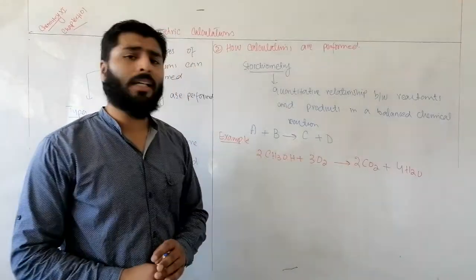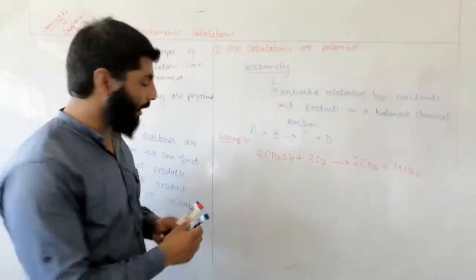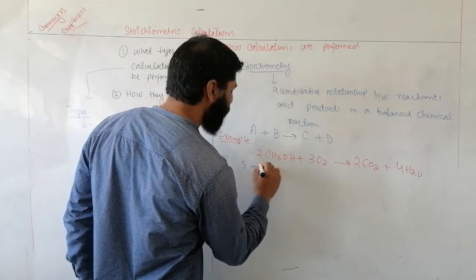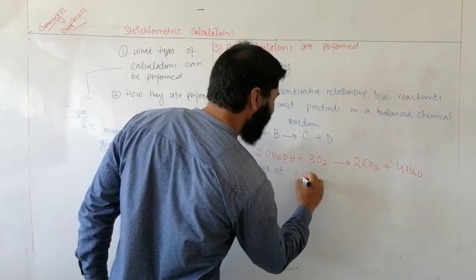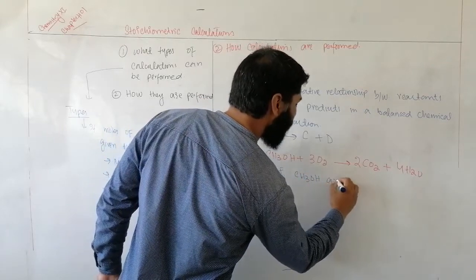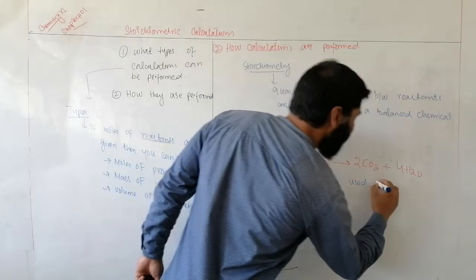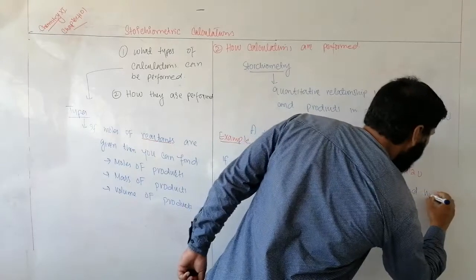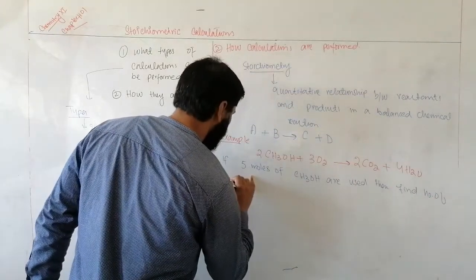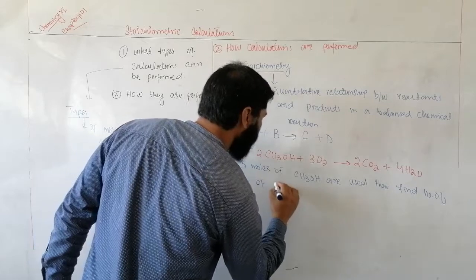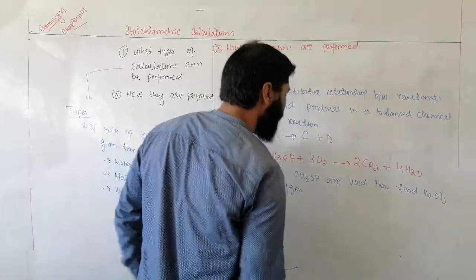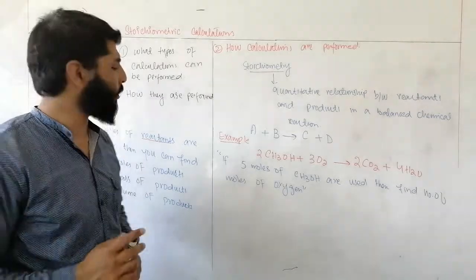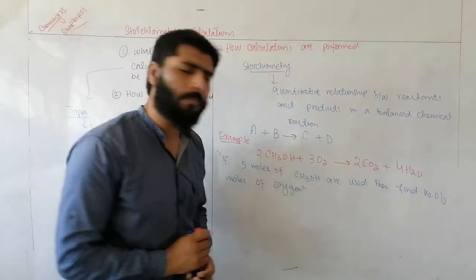So this is the reaction which is given to you, and you are asked if 5 moles of methanol are used, then find the number of moles of oxygen.